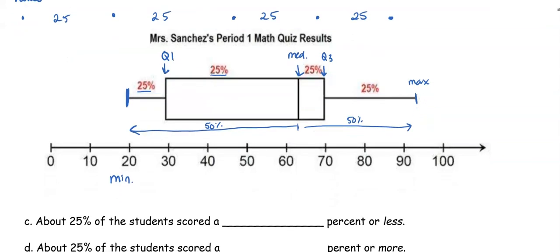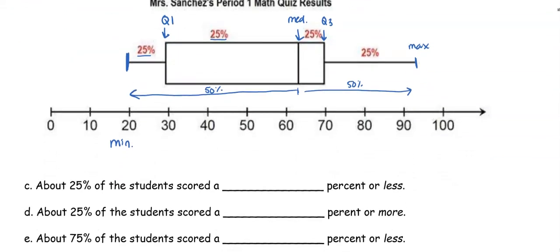So when we go to answer questions about our box plot, about 25% of students scored a blank or less. So we're looking actually at our Q1 value, because 25% of the students are below here. 25% of my students are below my Q1. So if I look at where Q1 happens, that is 30.